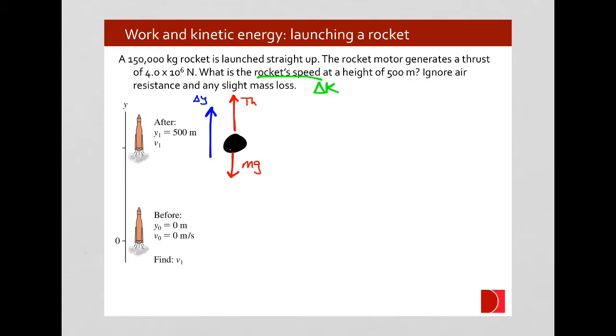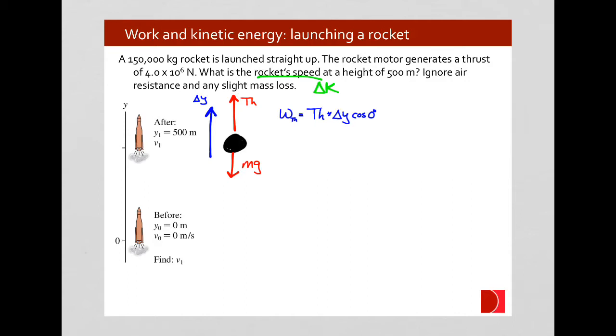So when we want to look at the work done by the thrust, it is the magnitude of the thrust times the displacement in the y direction times the cosine of the angle between the two, which is 0, since the rocket is being pushed straight up and its displacement is straight up.